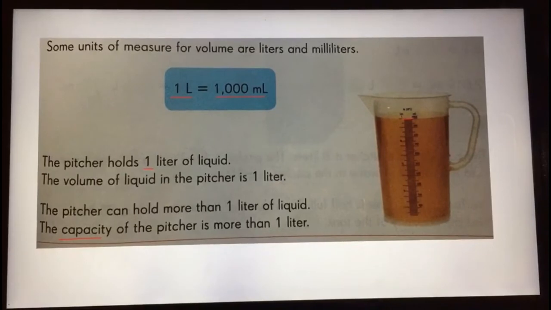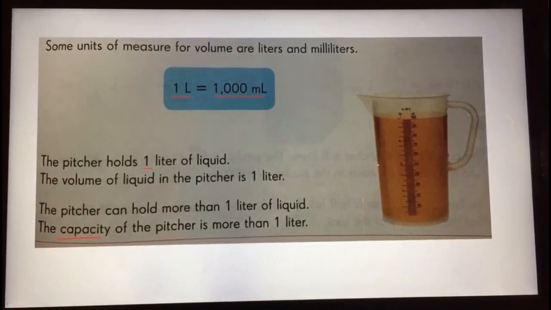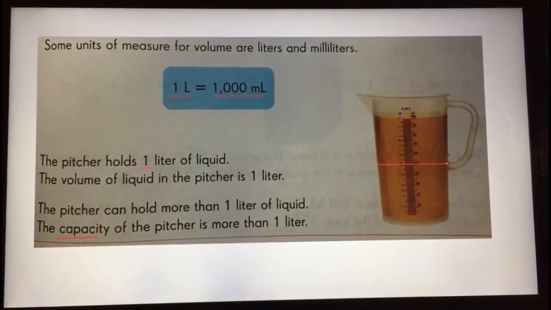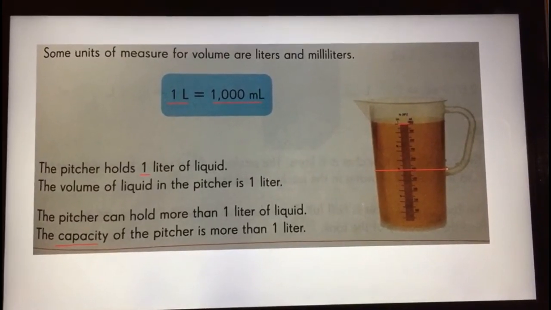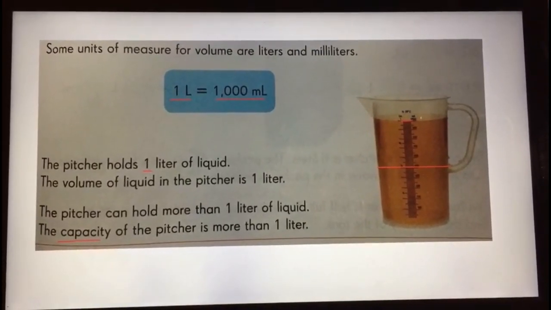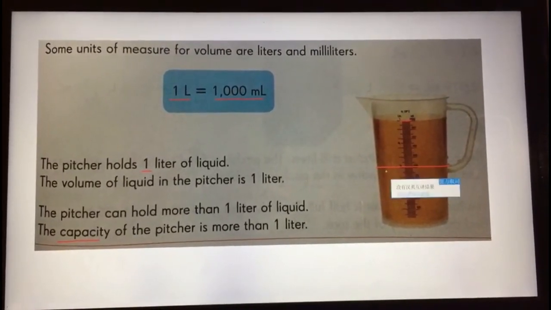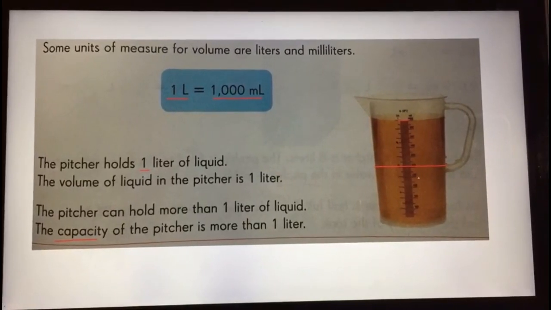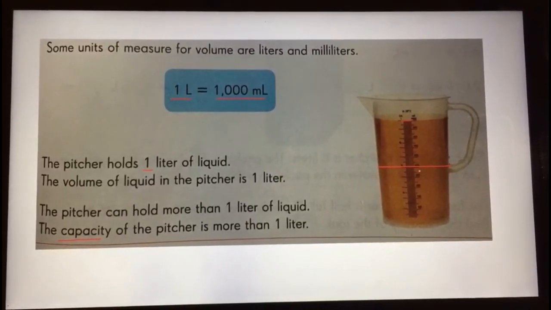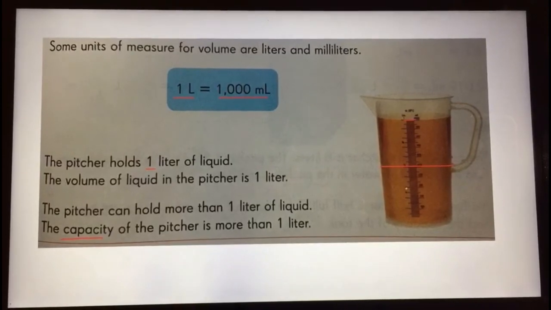If the pitcher is half filled, then the capacity is the same, but the volume of liquid would be different. If it's half filled, the volume would be 500 milliliters.